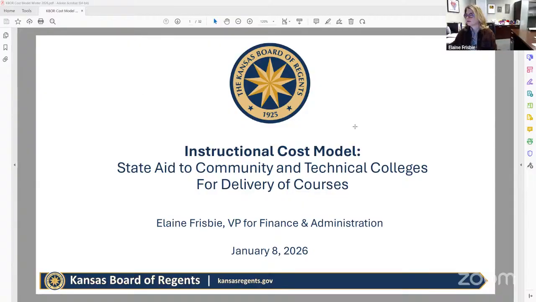I'm going to run through, as a refresher course, the instructional cost model before I present the actual calculations using the academic year 2025 enrollment data that will be used to distribute state funding for fiscal year 2027.